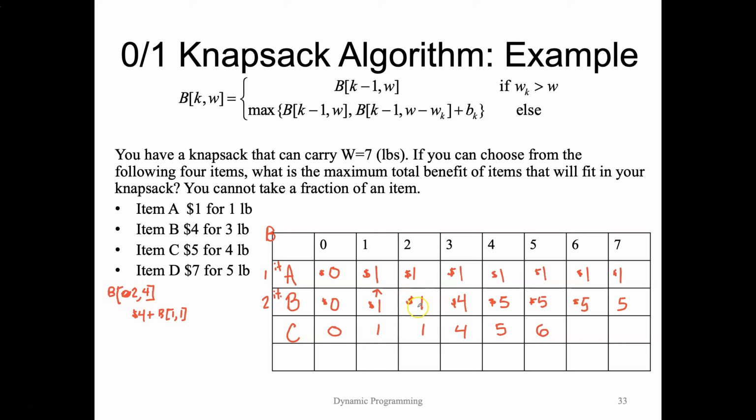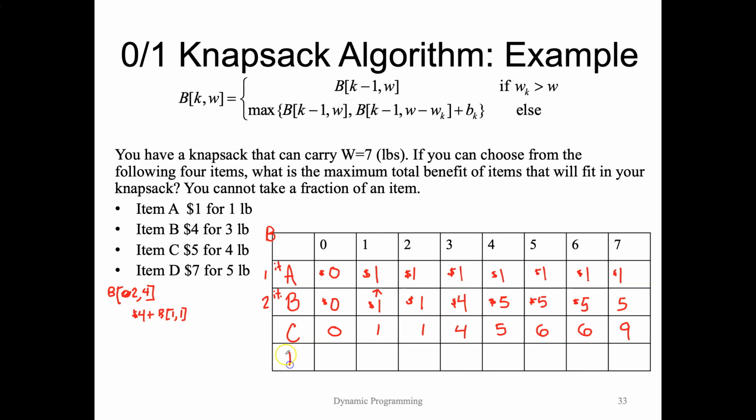So this means we'll get $5 from item C and then another $1 from the previous items. So this is still $6. And then lastly here, we could get $5 if we don't take item C. If we do take item C, we'll get $5 for item C, plus we'll have a remaining 3 pounds that we could carry. So we'll get $5 for item C plus $4 for the other items gives us $9.